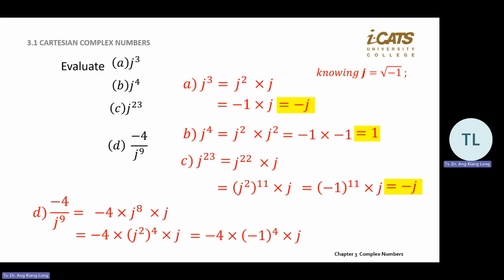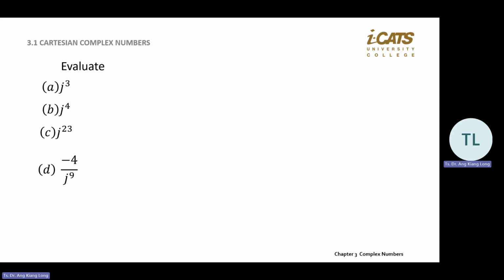Okay, it should be minus 8. Then you solve. Okay, D is the wrong answer. D is the wrong answer, it should not be this answer. D on my slide is the wrong answer. It is only correct when we move the j to the top. But this question should not have this answer.